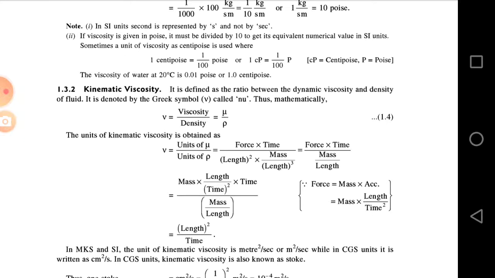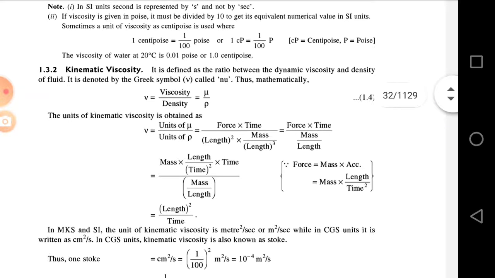And centipoise is 1/100th of poise, and viscosity of water at 20 degrees Celsius is 1 centipoise. Kinematic viscosity is defined as the ratio between the dynamic viscosity and density of the fluid.